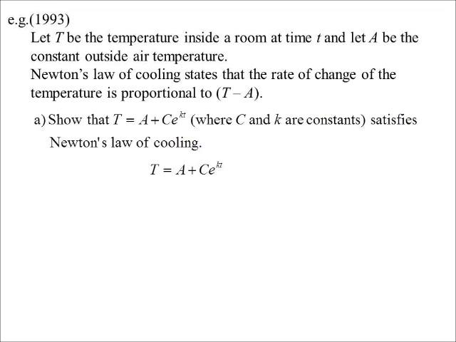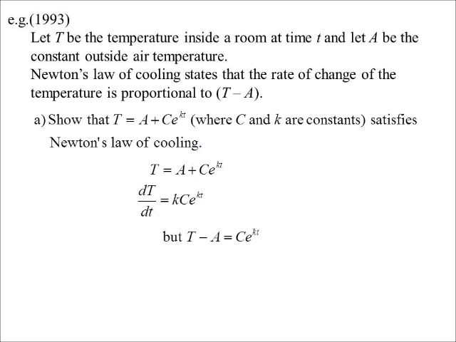Okay, if T is equal to A plus Ce to the kt, and I differentiate that with respect to t, so dT, that's big T, dt, that's little t, dT/dt is equal to kCe to the kt. But if I rearrange my solution, T minus A is equal to Ce to the kt.